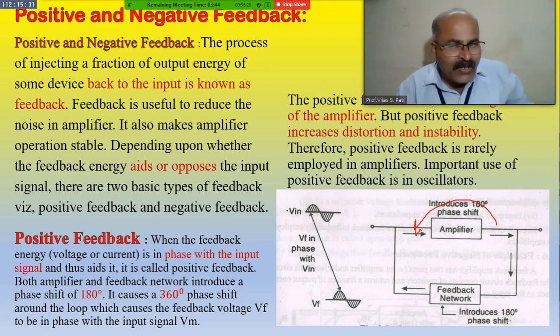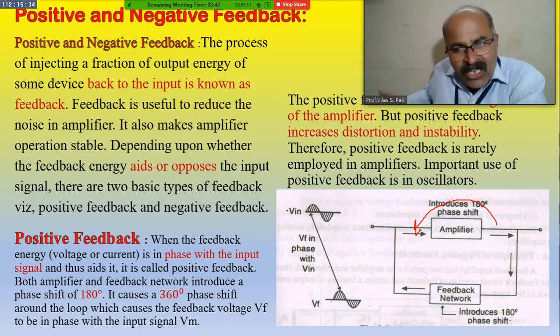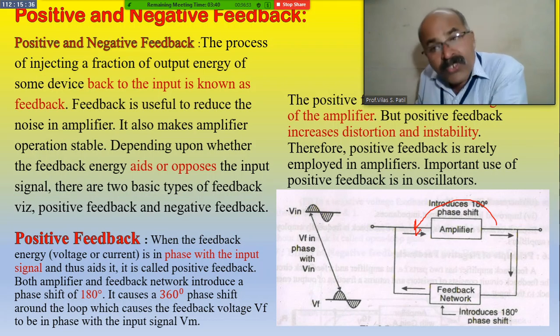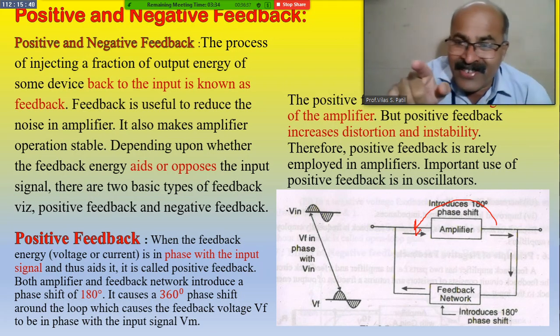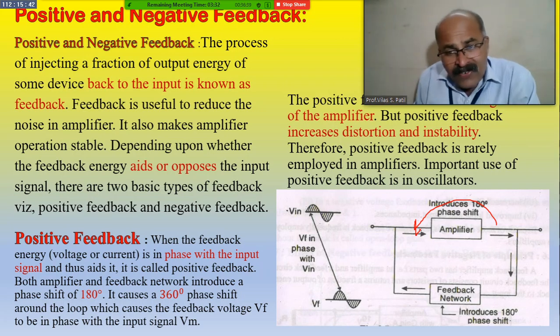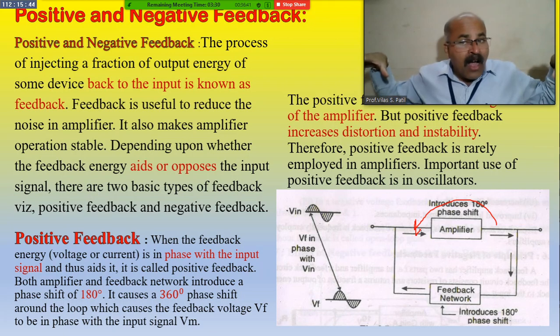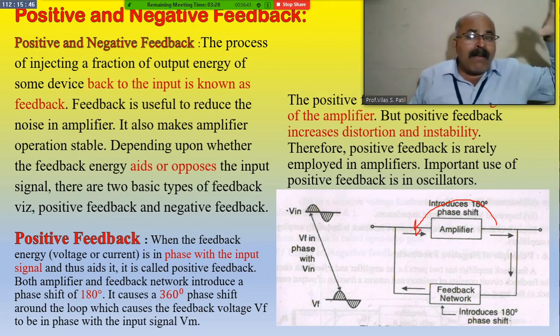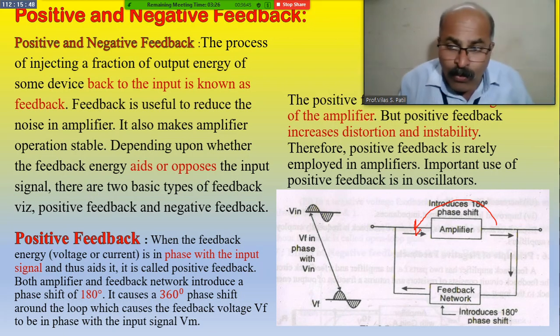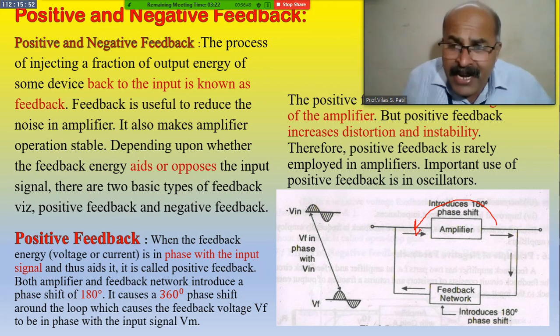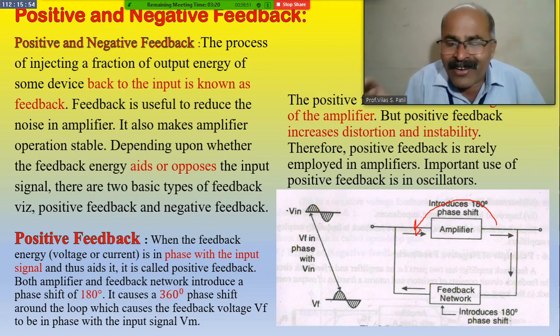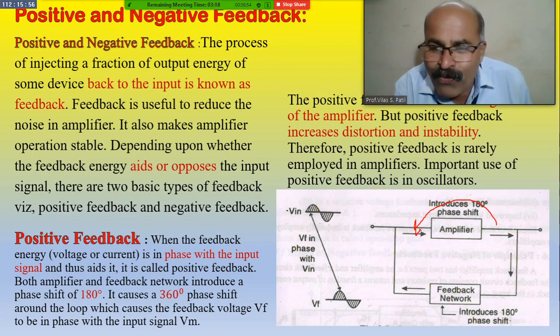Feedback is the process of injecting some part of the output, some fraction of the output, again back to the input. This is the process. In the process, if the nature of the output and the feeding back part, that is the fraction of the output that will be fed back to the input, are same in nature, same in direction, then that will be known as a positive feedback.